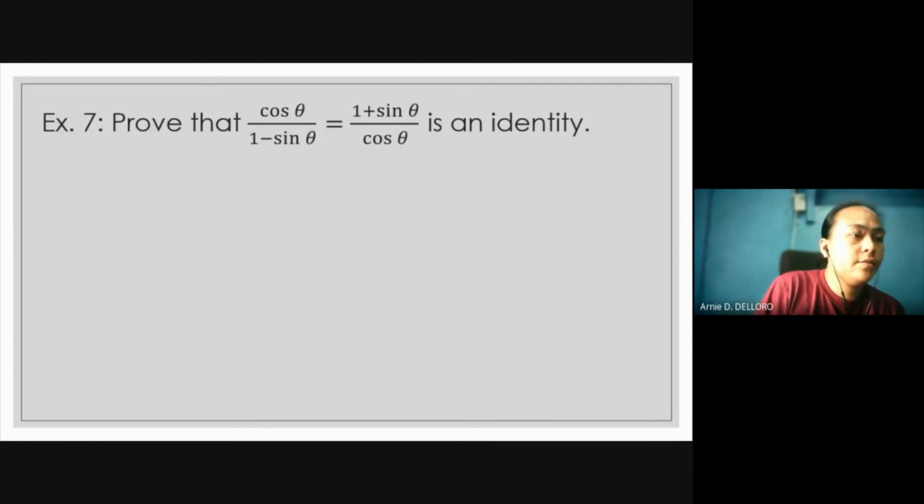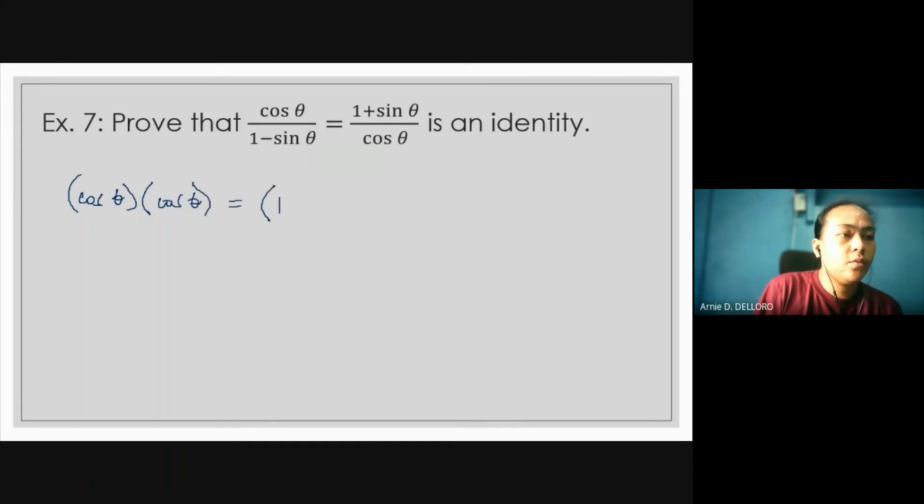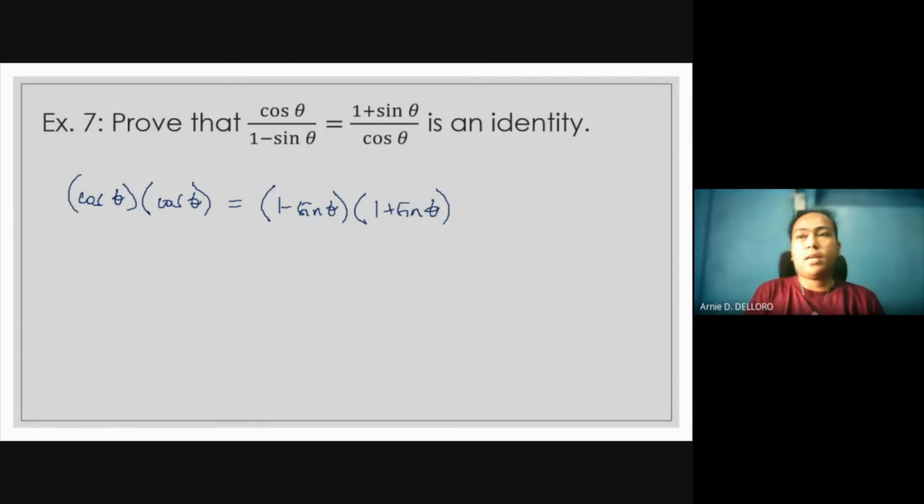So we have, using or doing the cross multiplication, cosine theta times cosine theta, and 1 minus sine theta times 1 plus sine theta. Okay? So cosine theta times cosine theta is cosine squared theta.